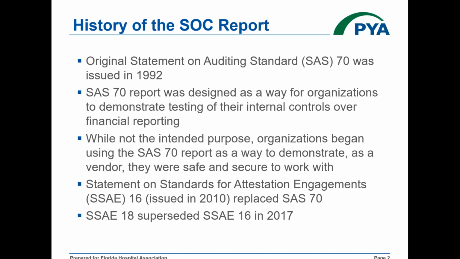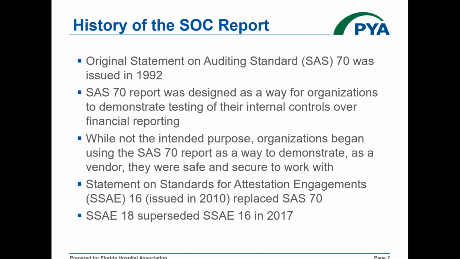So eventually, the AICPA figured out that that's what was happening, and they decided to create a more specific type of engagement and report, and essentially multiple types of engagements and reports that would more adequately meet both of those needs. So in 2010, the AICPA issued a Statement on Standards for Attestation Engagements, number 16, to replace the SAS 70 standard that had been issued.